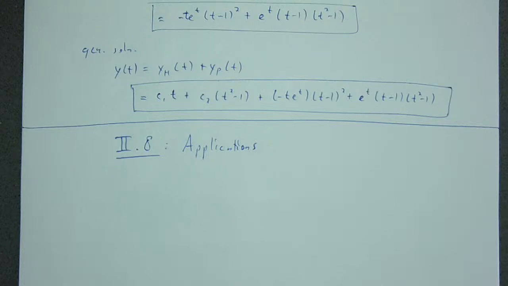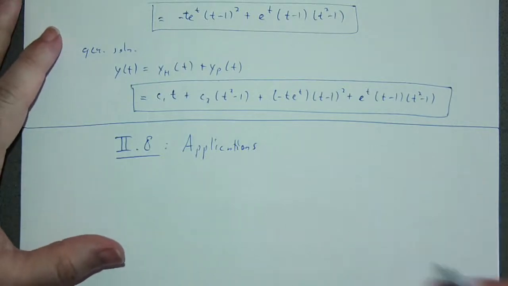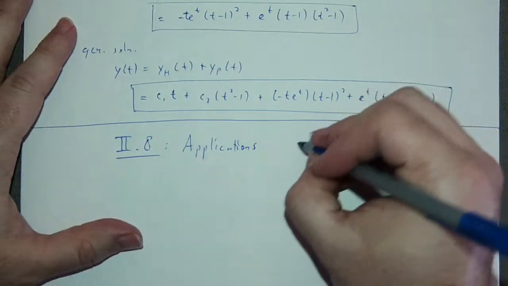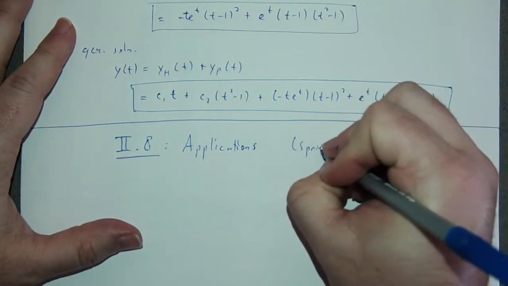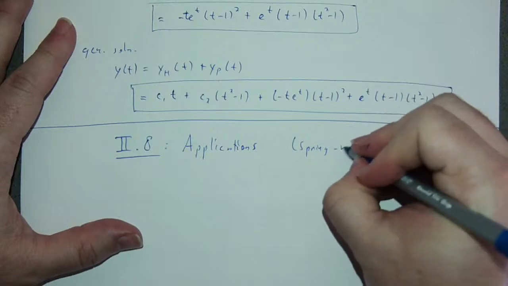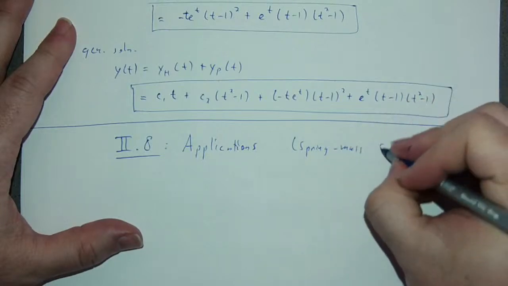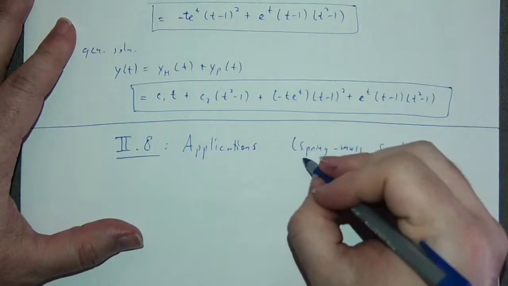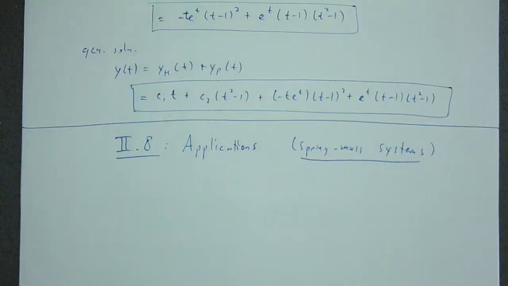Here in the applications problem, the primary thing we're going to be interested in are mass spring systems, okay, or spring mass systems. So in the context of higher order equations, specifically second order equations, when we say an application problem, typically what we mean is a spring mass system.